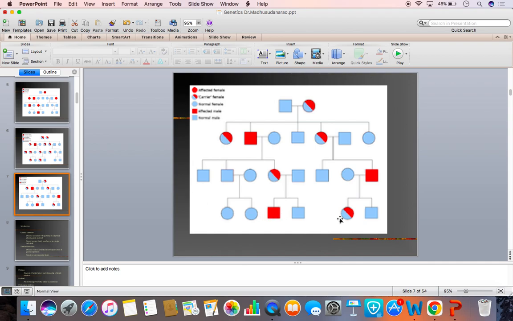In this pedigree, all males are showing the disease, affected by the disease, and the females are non-symptomatic. They are carriers, and the disease is occurring in the males. Males are predominantly affected, and the females are carriers. This is what type of inheritance? This is sex-linked recessive inheritance.